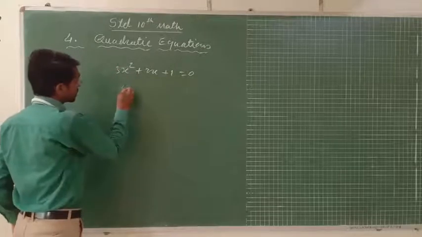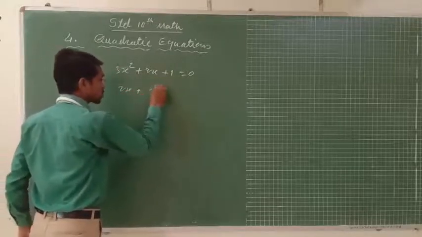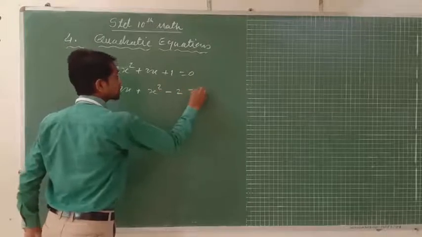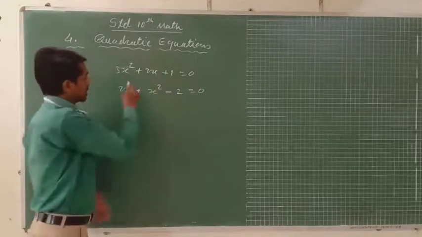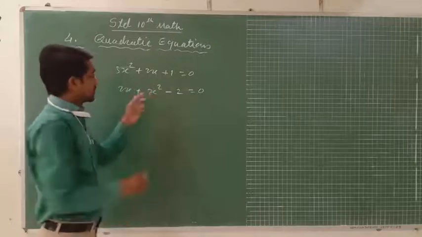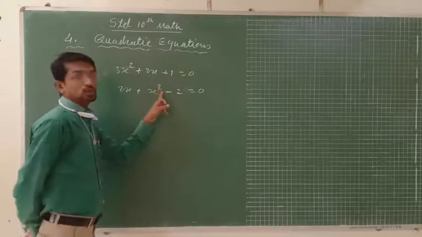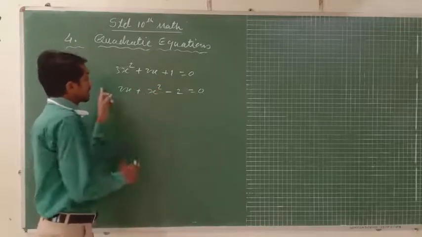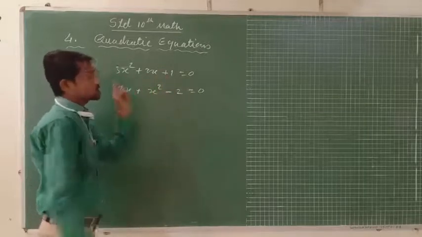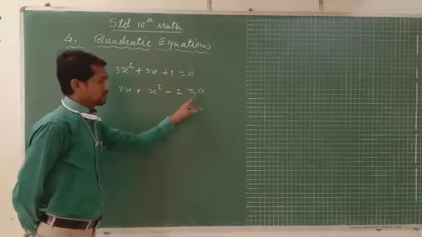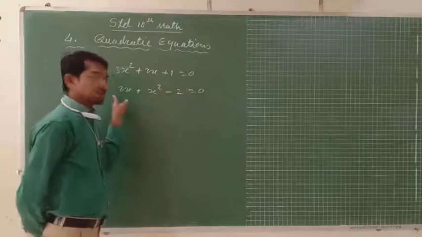Again I am writing 2x plus x square minus 2 is equal to 0. Here I am shuffling the terms. The second term has degree 2, but if we see the entire equation, the highest power, the degree of this equation, is what? 2.